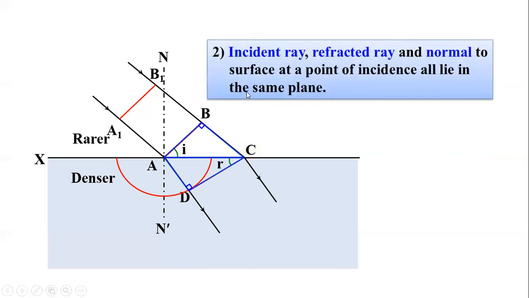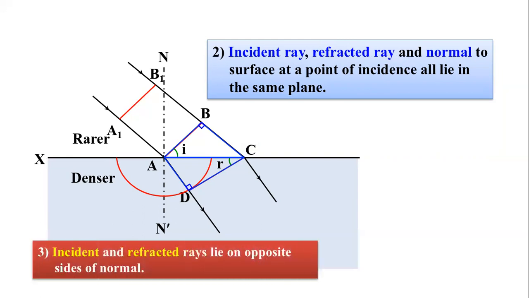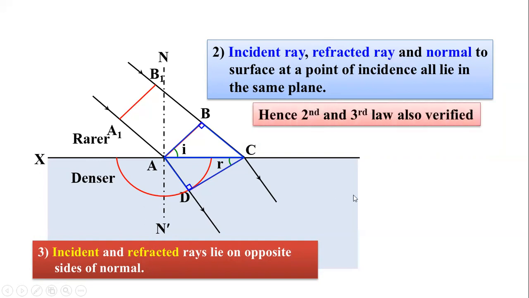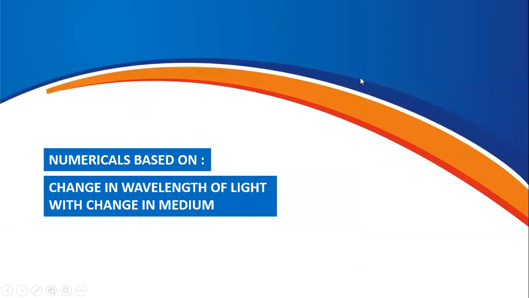If you observe this figure, you will see the incident ray, refracted ray and normal to the surface are all in the same plane. And the incident ray and refracted ray are on the opposite sides of the normal. So here the second and third laws are also verified. My dear students, here we have explained the phenomenon of refraction of light in detail using the wave theory of light. In classroom session, we will solve numerical problems.